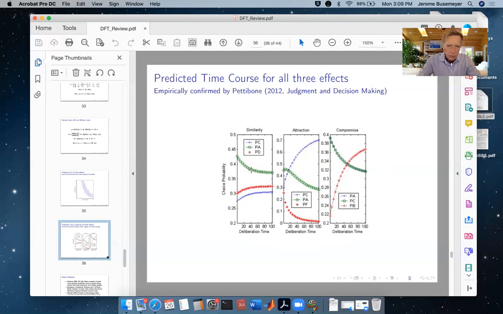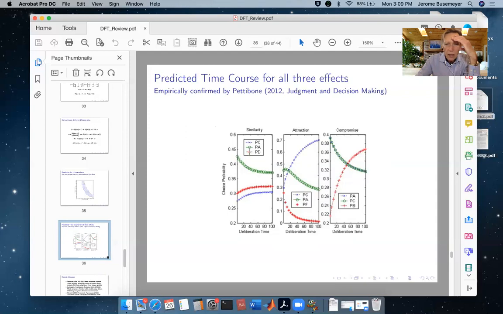Now, for this panel, to make it simple, we designed it so the binary choices were all 0.5. So, A was chosen over D with probability 0.5, A was chosen over C with probability 0.5, and C over D 0.5. So in a binary choice, they're all chosen equally often, 50% of the time.